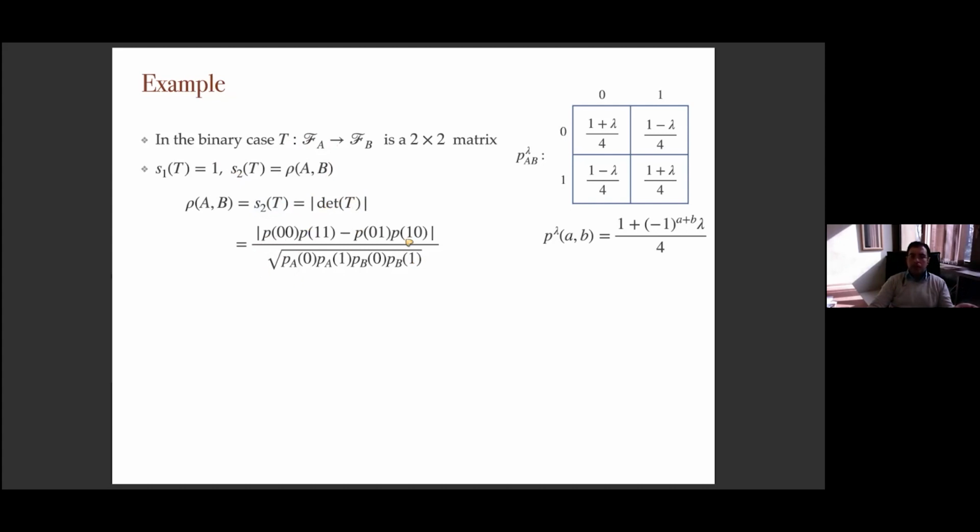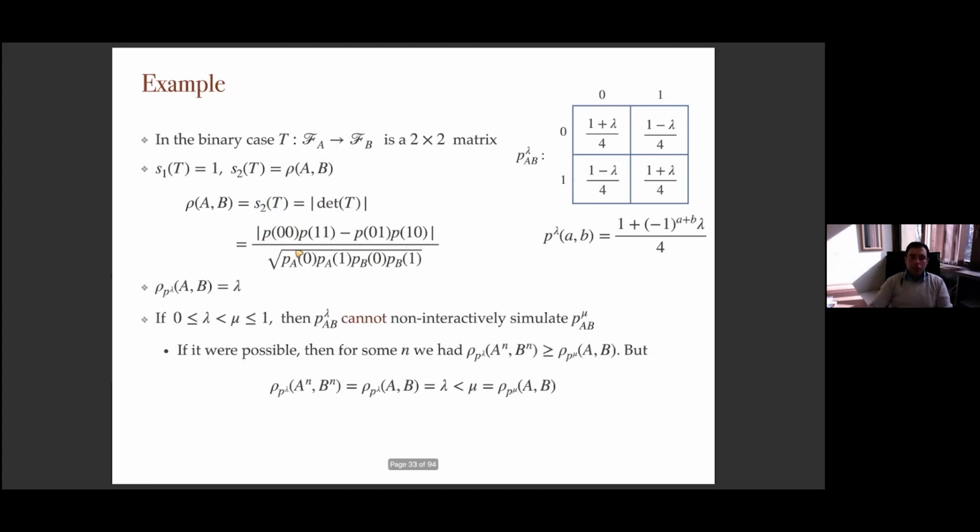You would realize that the maximum correlation for a distribution in which A and B are binary would be given by this formula. And then you can use this formula to compute the maximum correlation of this P lambda. It would be just lambda. Or you can directly do the computations.